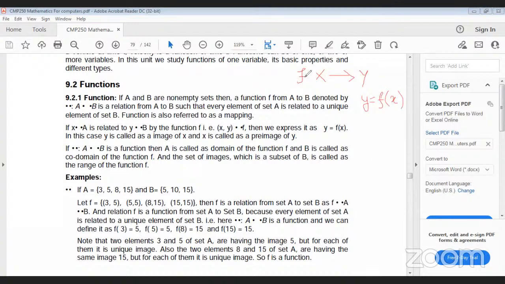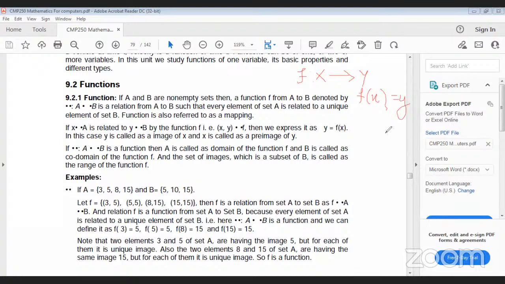If you want to keep in mind, your function is from x to y. The function acts on x, and you get the value of y. Understood? Small x belongs to capital X, small y belongs to capital Y. So X becomes your domain and Y becomes your codomain.